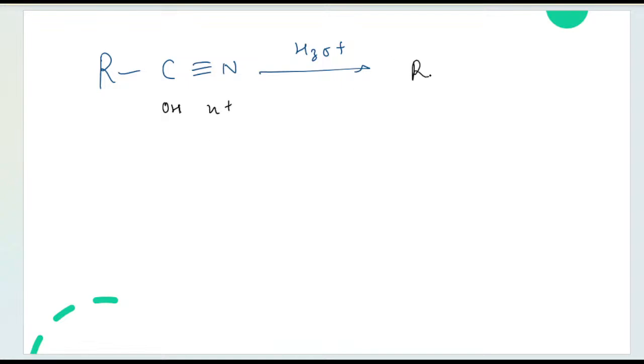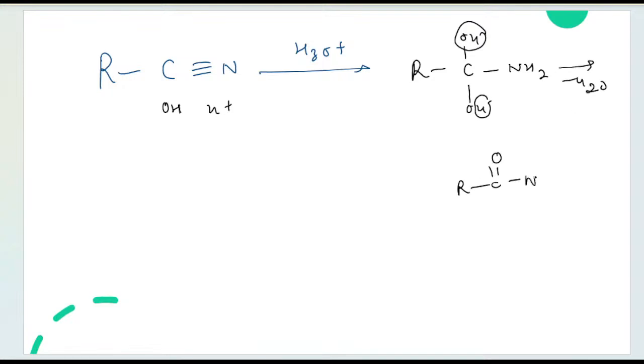So we end up with OH and a double bond, and this is a hydrogen. Further, one more time water is added. But as you know, two OH groups, the geminal diol, is never stable. So a water molecule is eliminated, and we get an amide there. This is point number one after the hydrolysis.